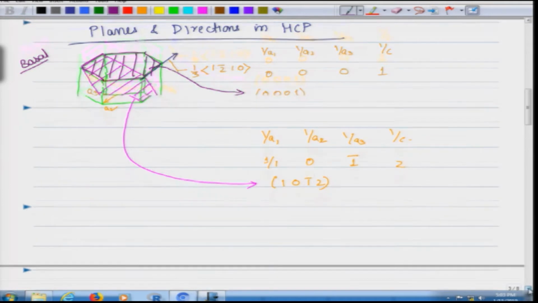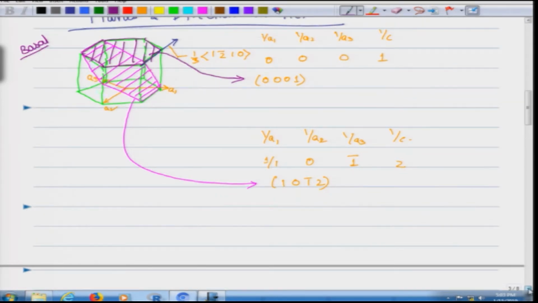Okay, so now let us go to still another plane which is called prismatic. So, when we are talking about the HCP system, let us also look at what is a prismatic plane.